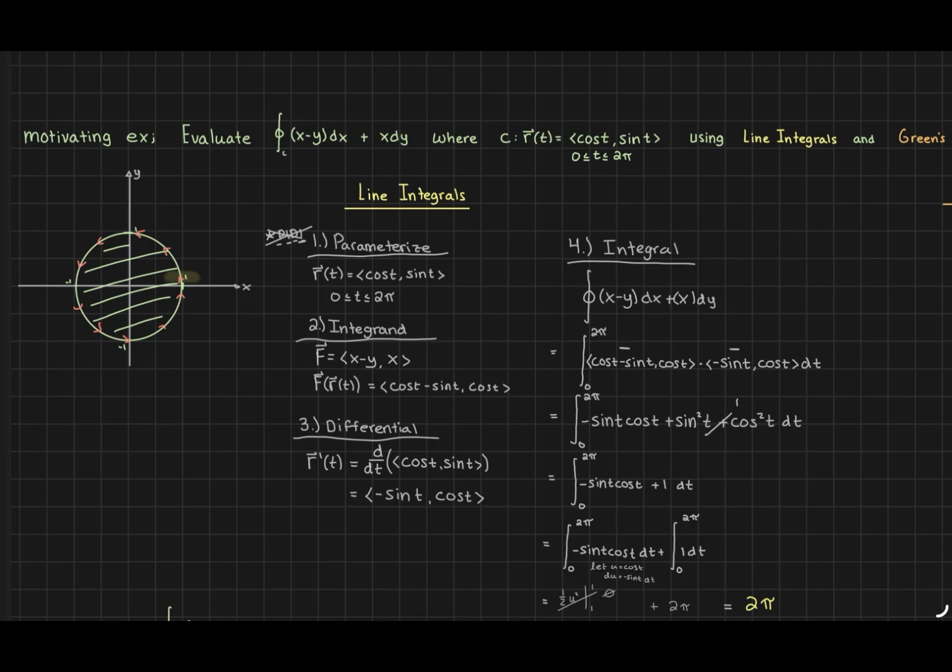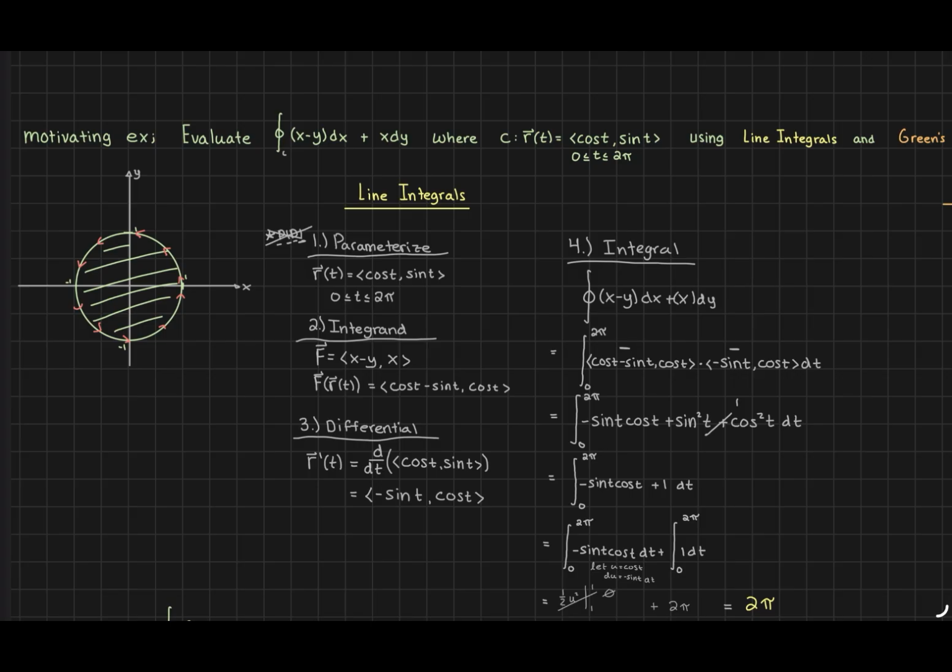So our curve that was parameterized is counterclockwise, therefore positively oriented. So that's a pretty big step there. It's a circle, so it's closed. It starts and ends at x equal to 1. So that is also important there.